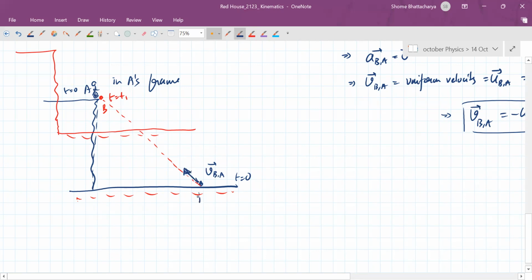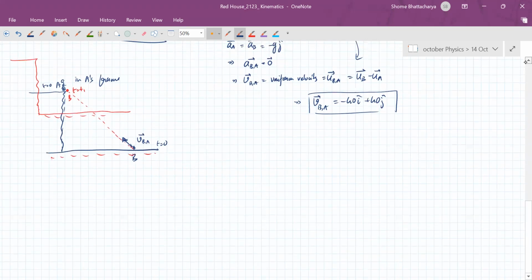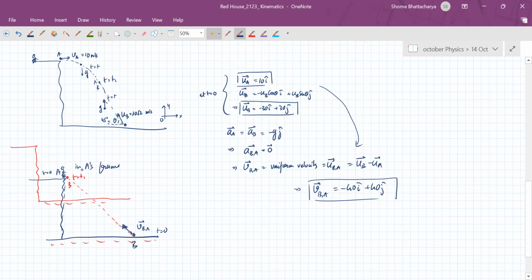So this velocity vector of B should be along this line. If you compare this with the earlier diagram, you'll understand. You are stuck to the frame of A, so in A's frame, B moves directly to hit it with a velocity.